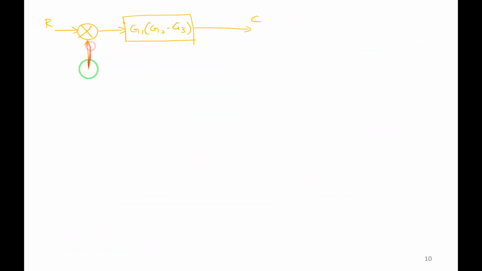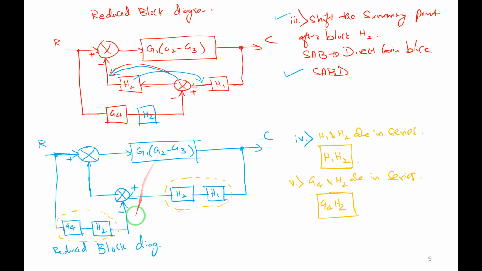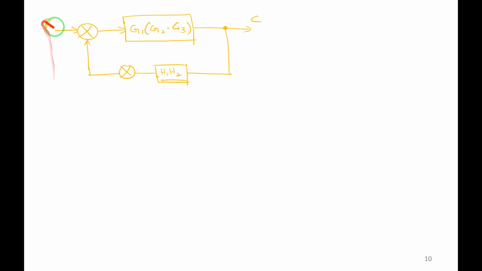Okay. Next, the summing point comes over here. And here the block will be single, that is H1 into H2. I am redrawing it. Next, G4 H2.